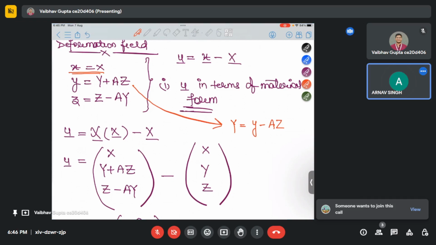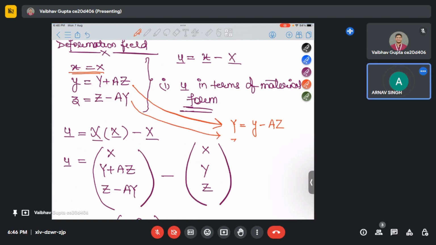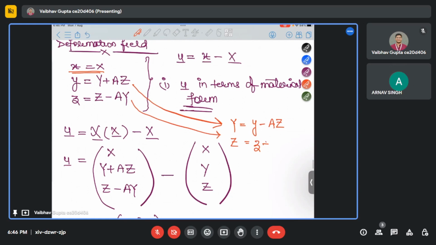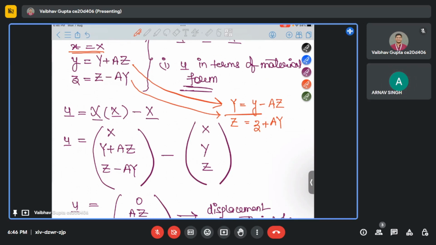But you cannot write in that format because capital Z is also there. You want all in terms of small. So now you have to use this equation also. Here capital Z is small z plus aY. Now you put this capital Z in this equation.